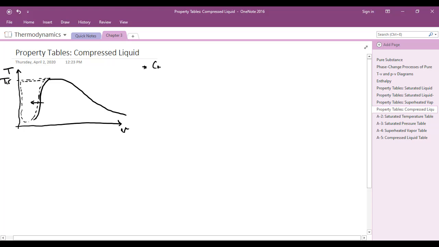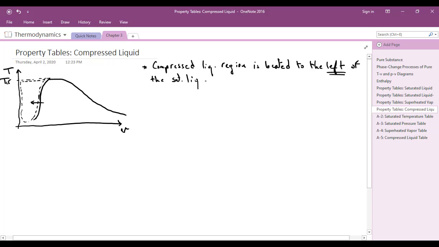So the compressed or subcooled liquid region is located to the left of the saturated liquid line.